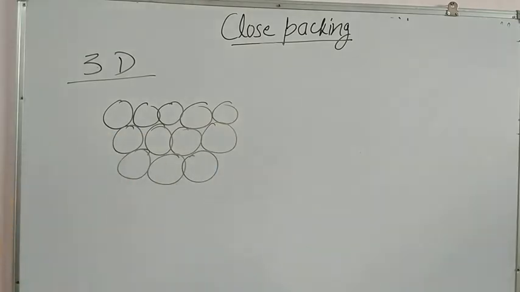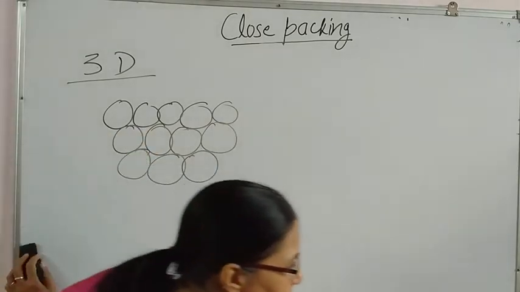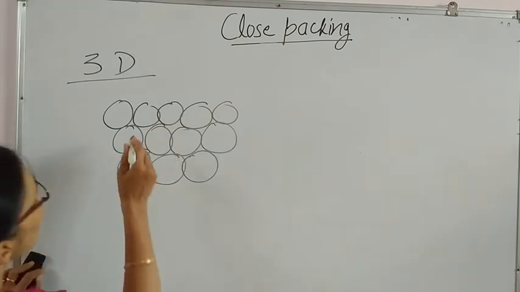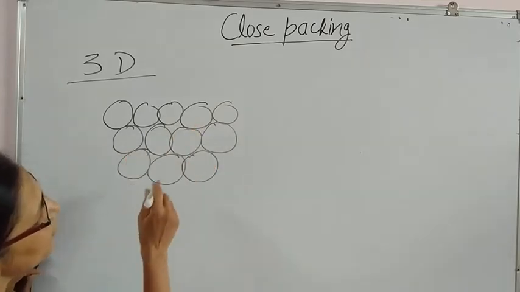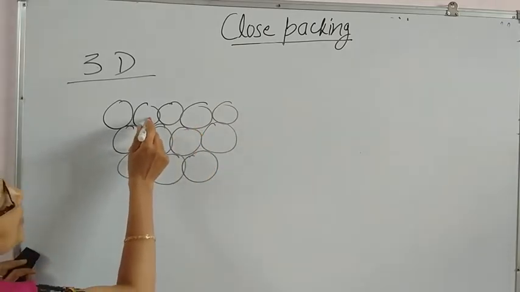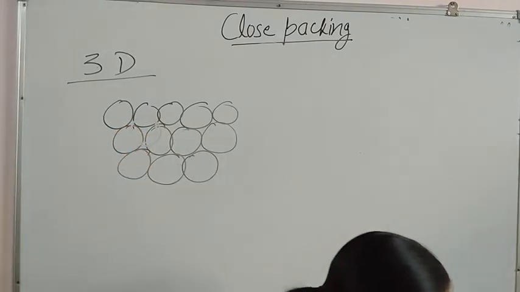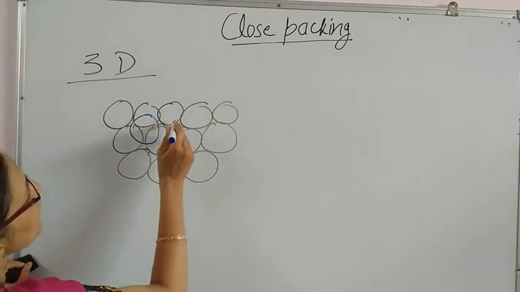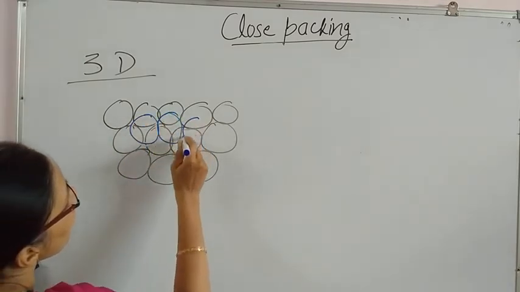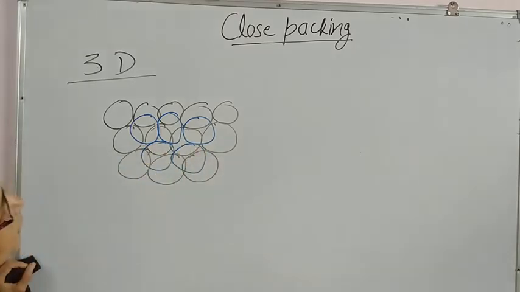This is the first layer on one plane, and for the second layer, suppose I am filling all the mid space of this triangular space. ये जो triangular void बन रहा है इसको fill कर दिया हमने. Then this arrangement will come. This blue colored circle will form.